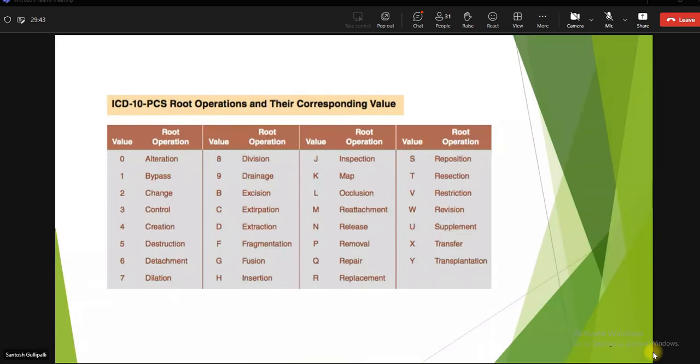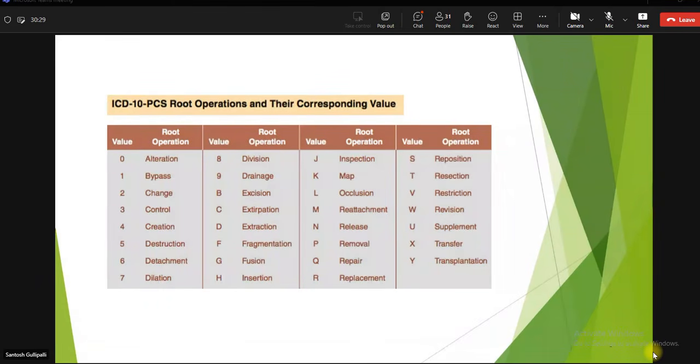What is alteration, bypass, change, control, creation, destruction, detachment, dilation, division, drainage, excision, extirpation, extraction, fragmentation, fusion, insertion, inspection, mapping, occlusion, reattachment, release, removal, repair, replacement, reposition, resection, restriction, revision, supplement, transfer, and transplantation.